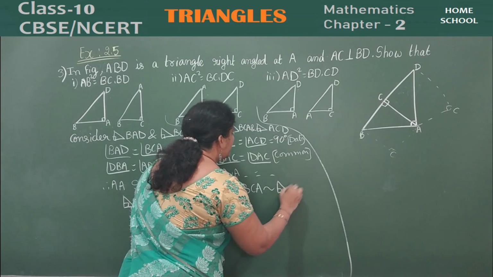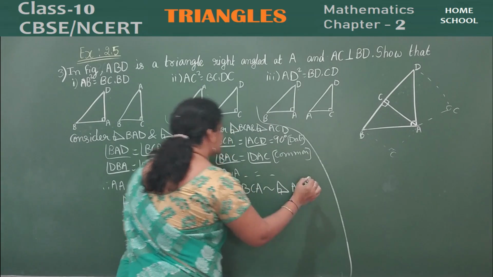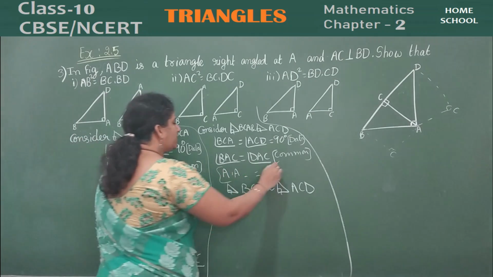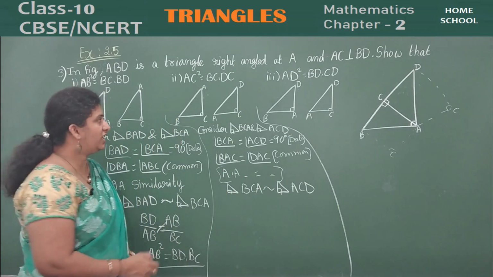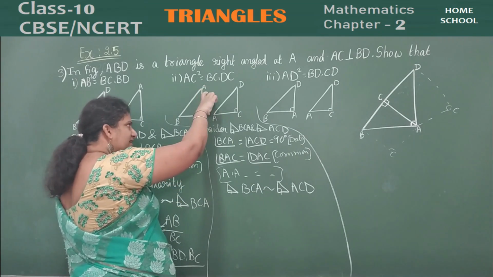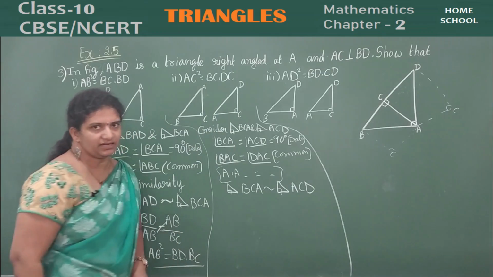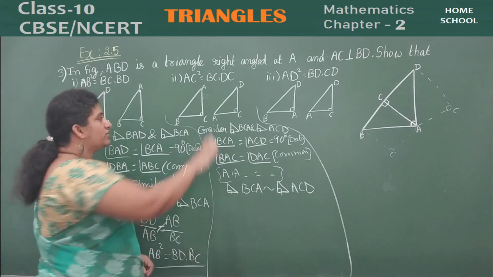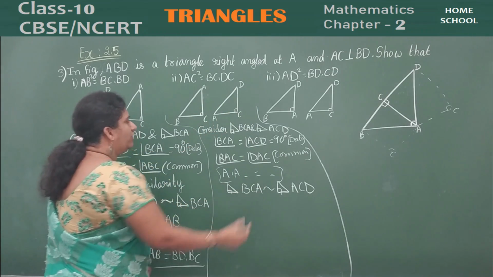If they are similar, the corresponding ratios are in proportion. Which ratios? Complete the statement here. Which ratios, children? What is the common side you see here? AC is there in this triangle and also in this AC there. So where it is? Perpendicular and here base. So these two ratios you try to write here.